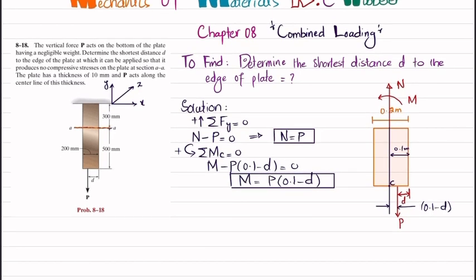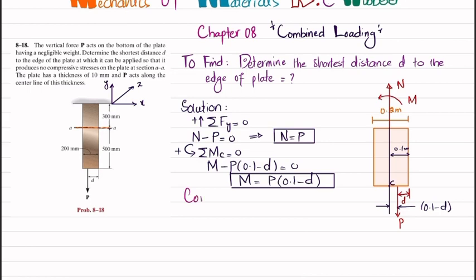Now you can see that this is a problem of combined loading, in which there is an axial force which will produce axial stress, that is N by A, and due to this moment there will be a bending stress. And this bending stress is sigma equal to My divided by I. So this is purely a case of combined loading.